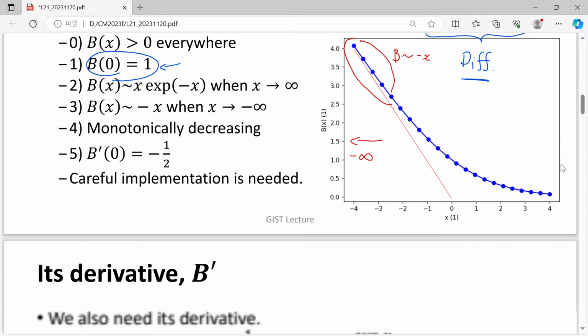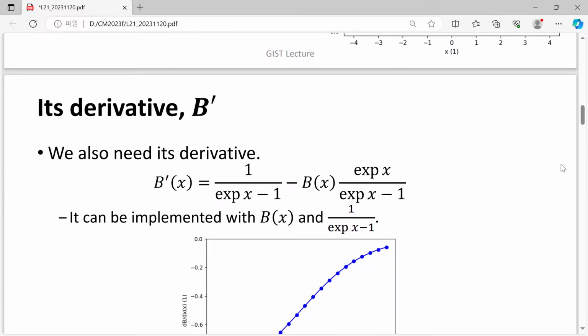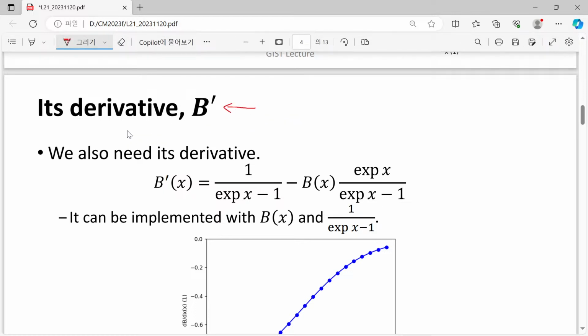So today we will discuss a little more about the real implementation. In the next slide I will explicitly show what happens when we make the correct discretization of the Jacobian matrix. However, in order to implement that, we need the derivative of the Bernoulli function.